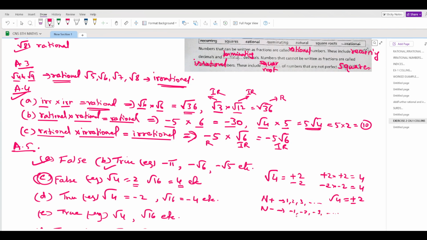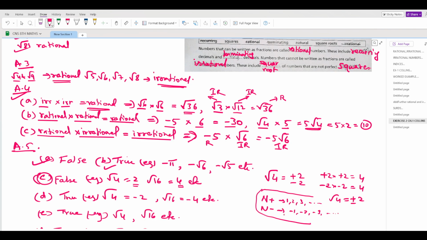So if your teachers, in your school or wherever, have told you about this, and this is acceptable, because when you go to a higher class, this will be accepted. But I think in the 7th grade, you must have studied natural numbers as 1, 2, 3, 4 only.